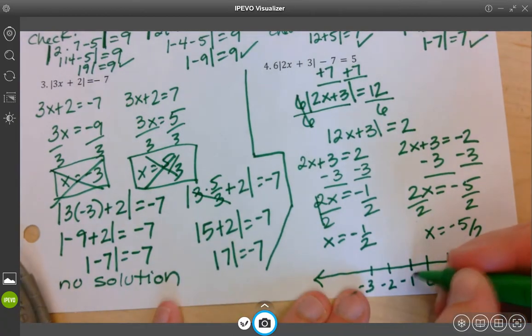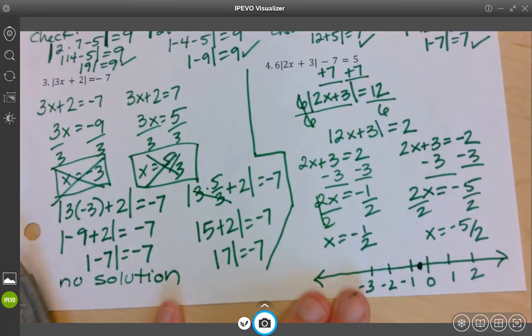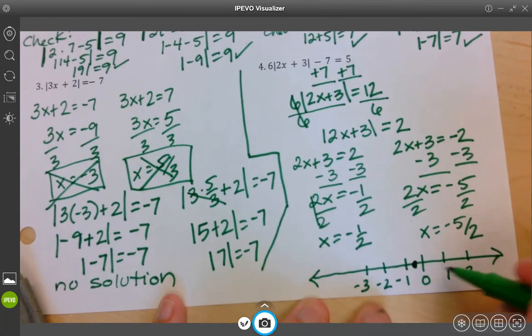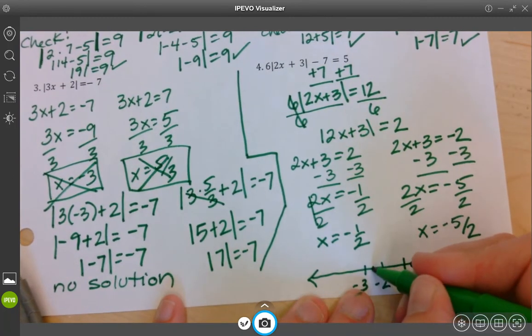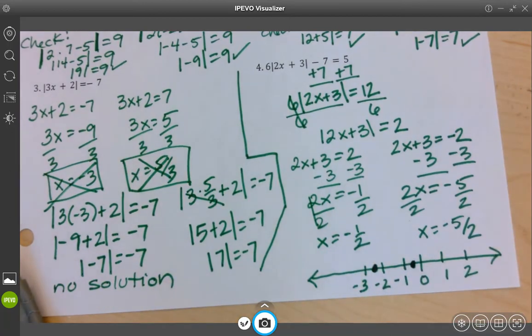I remember that one's going to go between 0 and -1. But how about -5/2? What would that be as a decimal? -2.5, good. So you have to kind of think about what would that be as a decimal in order to graph it, and -2.5 would be between -2 and -3. So that's what they're saying to do when they say to graph your solutions.